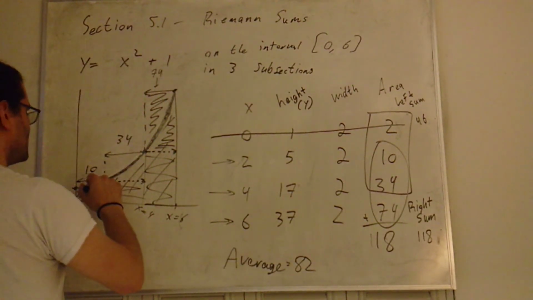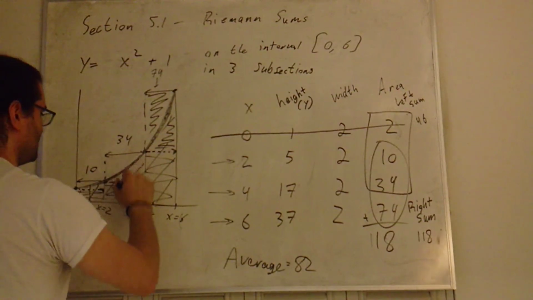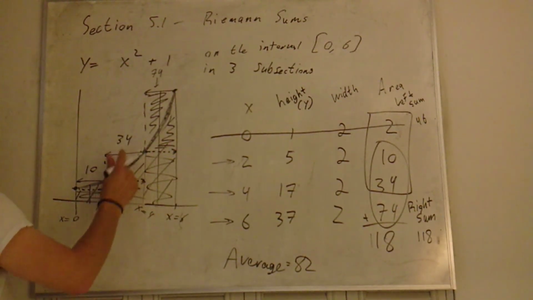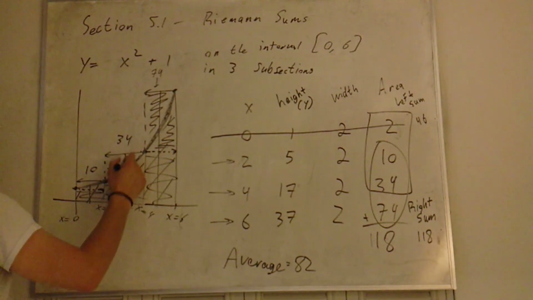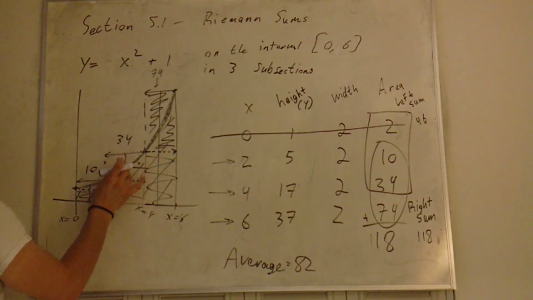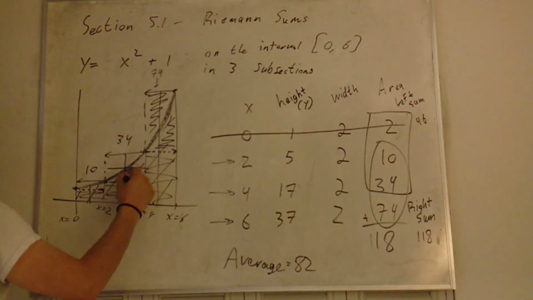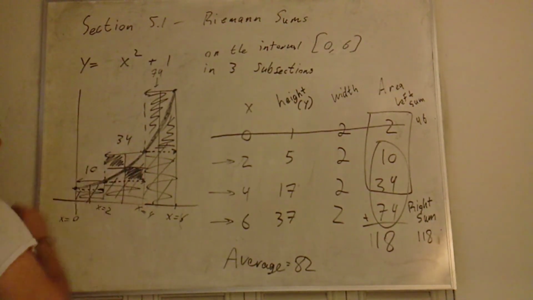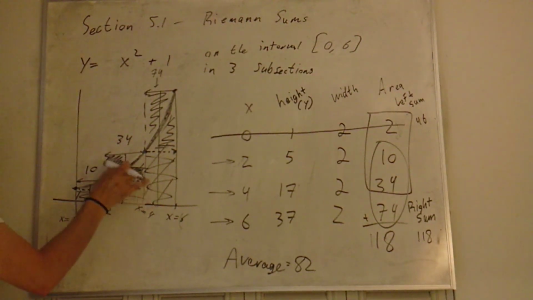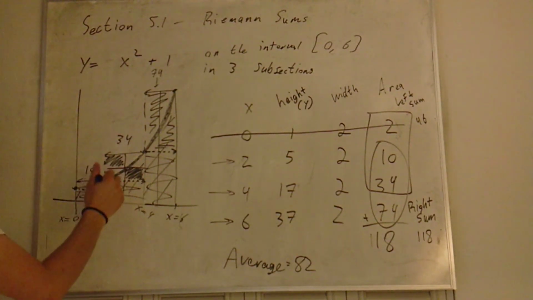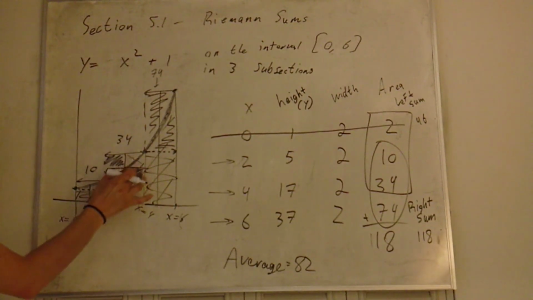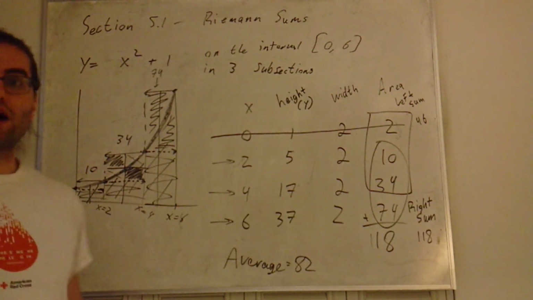What if we used 6 rectangles and cut this into more pieces? That's going to cut this amount of stuff that's either not included but should be, or is included but shouldn't be. That's going to reduce those things a lot. And it'll still leave us with some inaccuracies, but they'll be a lot smaller.